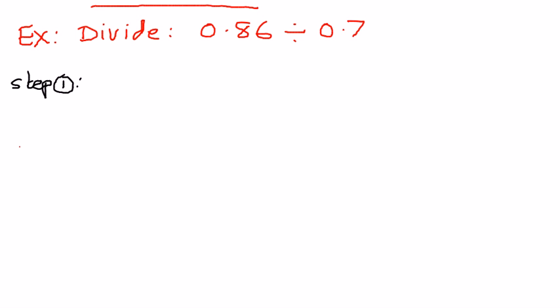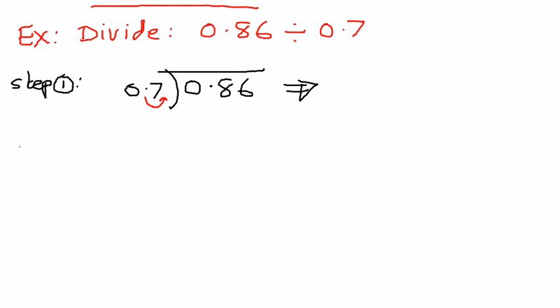Step number 1. To divide decimals, move the decimal point in the divisor to the right so that the divisor is a whole number. So what we have here is 0.86, and then we're dividing that by 0.7. So the way we can write this one is as follows. We are moving the decimal place in the divisor to the right and making it a whole number.